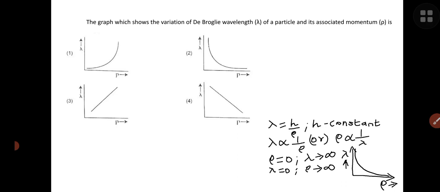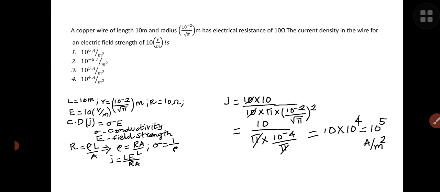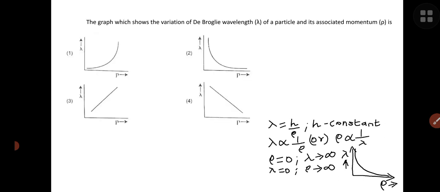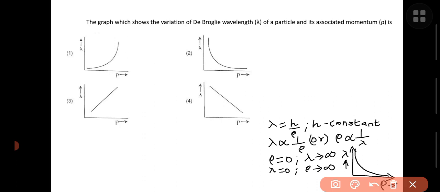That is, lambda is inversely proportional to the momentum, or momentum is inversely proportional to the wavelength.